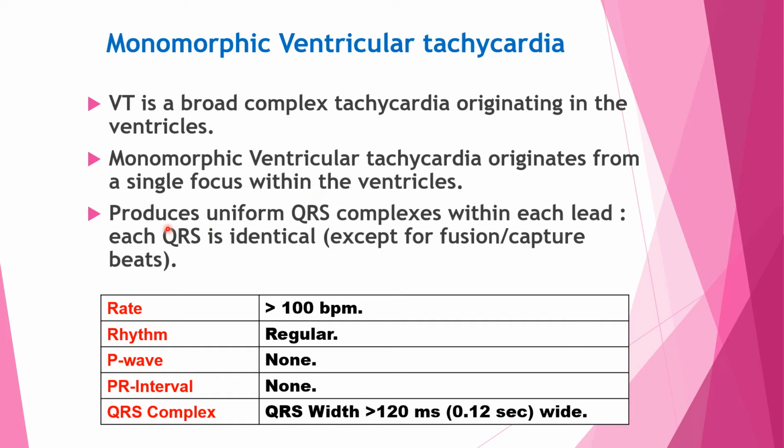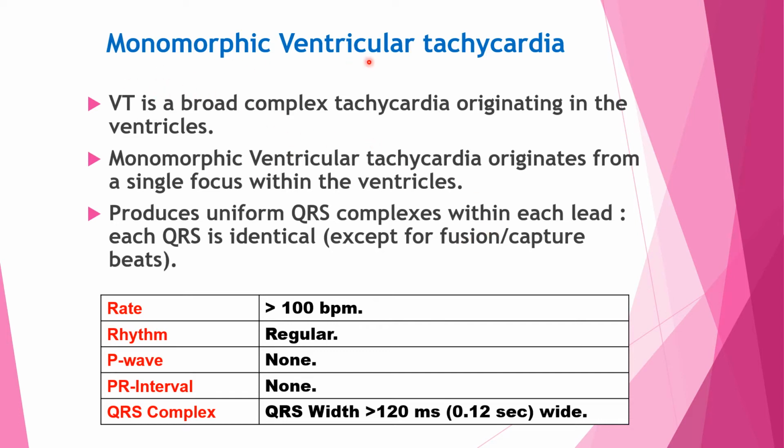It produces a uniform QRS complex within each lead because it comes from a single focus, so the shape will be similar, the same shape, except sometimes there are fusion beats or capture beats. I will not talk about these beats now, maybe in another lecture.